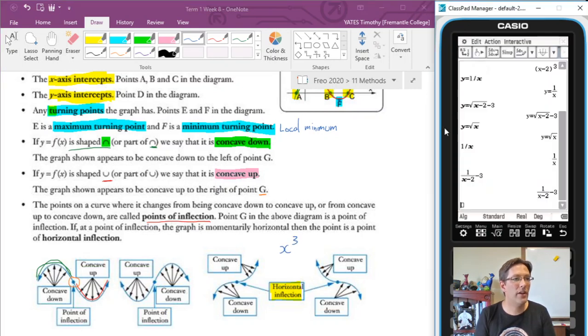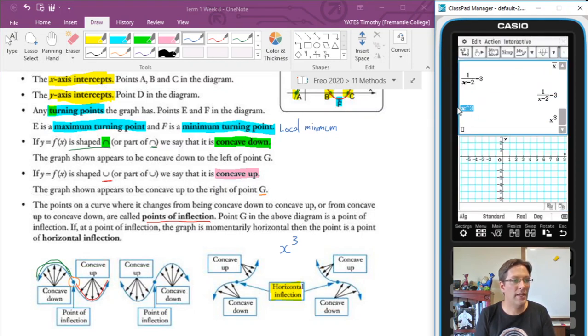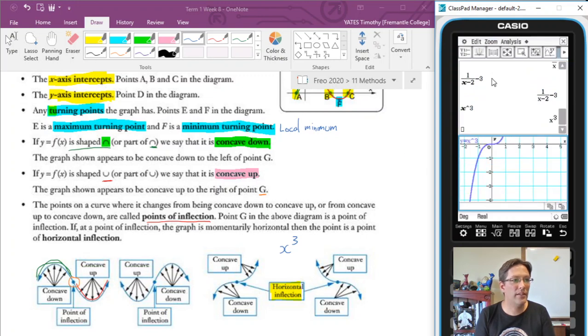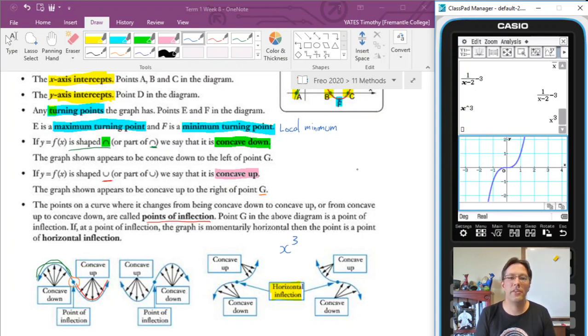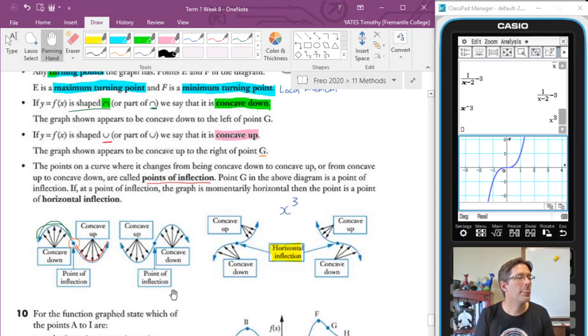Because if I was to graph x to the power of 3, and let's just put that there, it does end up being perfectly horizontal right there in the middle. I can zoom in on that. So that is called a point of horizontal inflection. Again, when we get to calculus, we'll be able to determine exactly what is a horizontal inflection, but obviously it's where the gradient would be 0, so it's a flat point there.